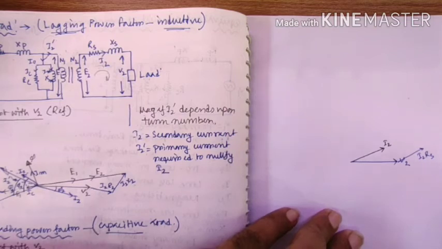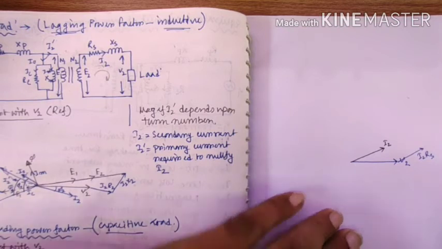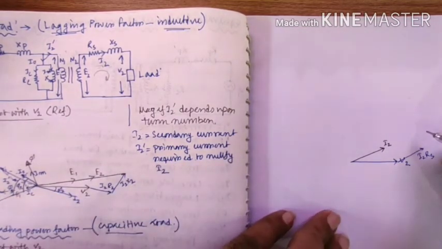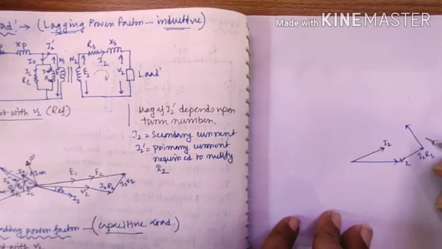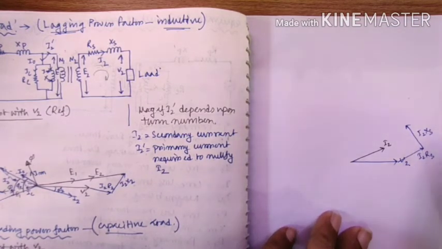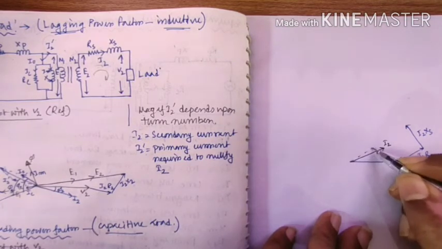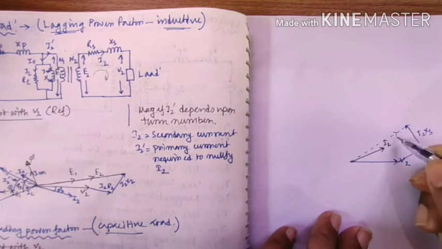Now I2 current is flowing through XS. So that will create a voltage drop. And in case of inductor, it leads by an angle 90 degree. So this one will be I2 into XS. So their summation should give us E2.